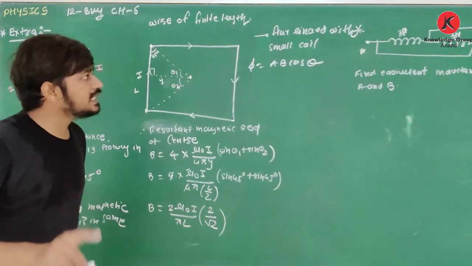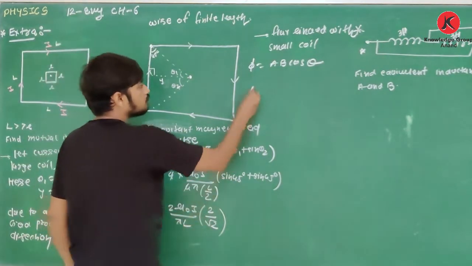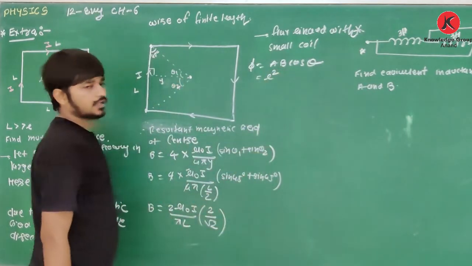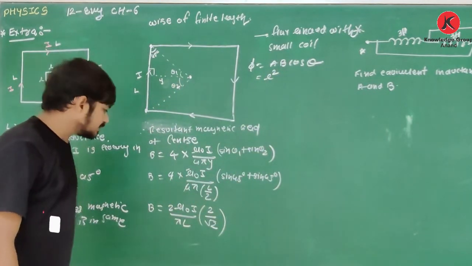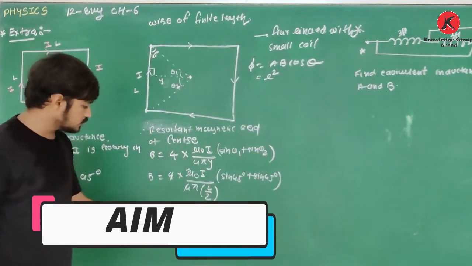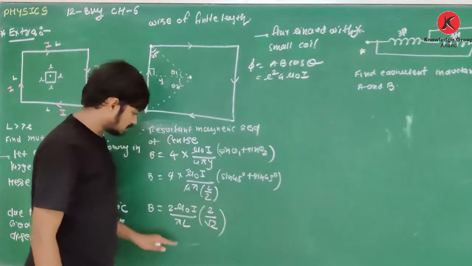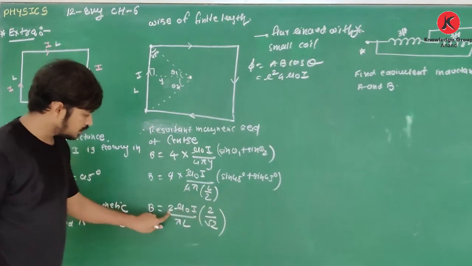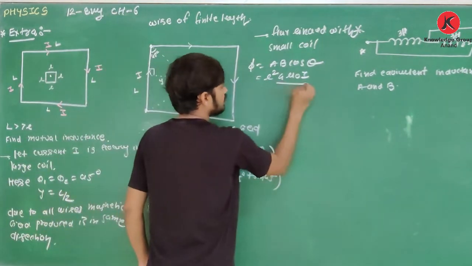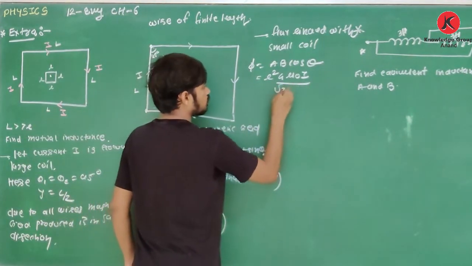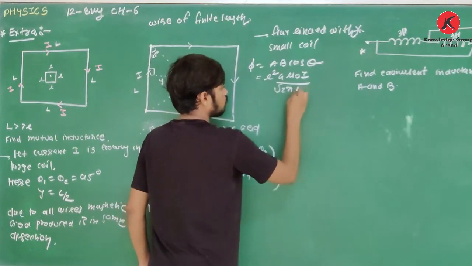A is the area of the small coil, that is L square. B is the magnetic field. Here 2 into 2 will be 4. So it is 4 mu 0 I divided by root 2 pi L.